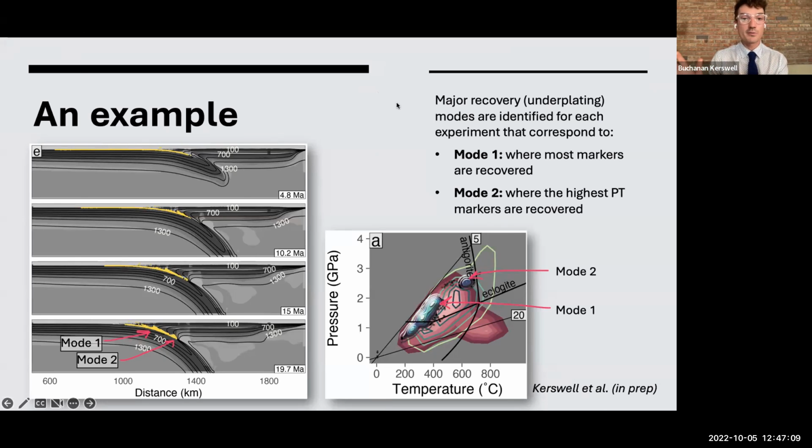So we go through all 64 models, all these millions of markers. We find the first and second mode for each of these markers, and then we can compare those modes to the subduction zone parameters.